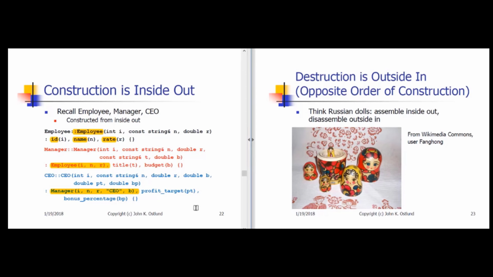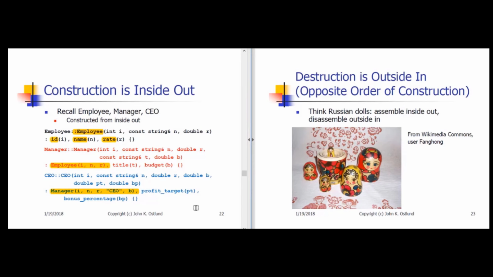So the constructor for the CEO class first constructs the manager, which first constructs the employee and then completes constructing the manager. And when the manager part inside of the CEO is finished being constructed, then we complete constructing the CEO by initializing the profit target and the bonus percentage.